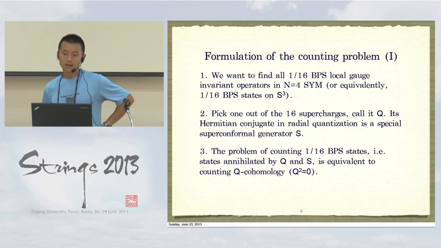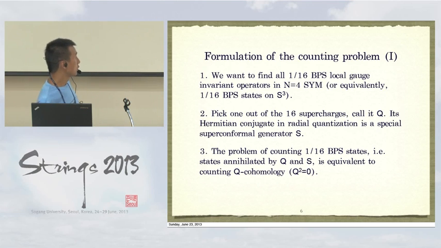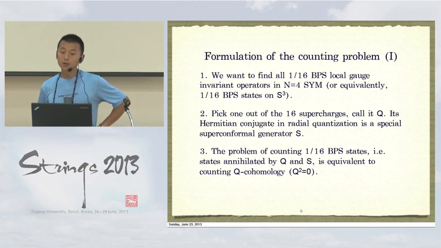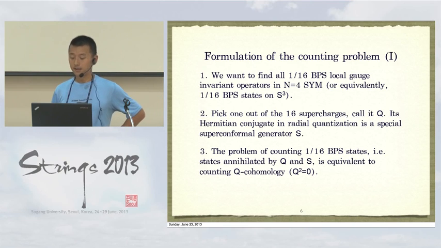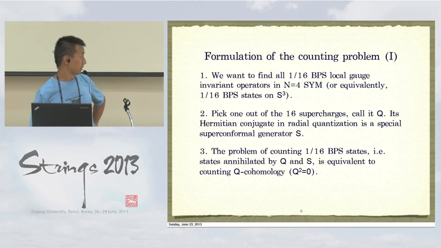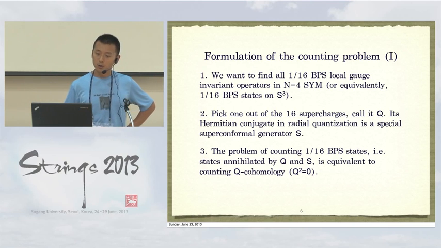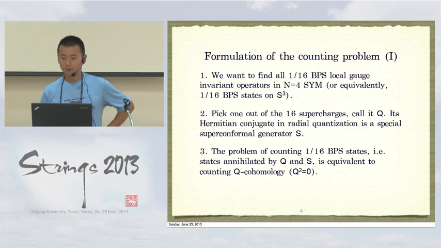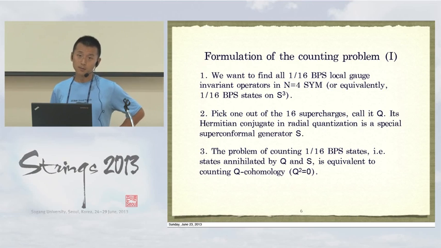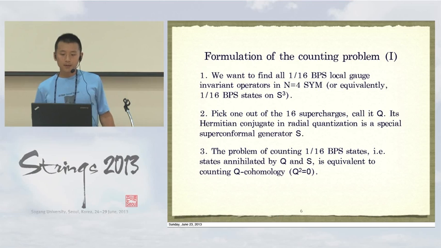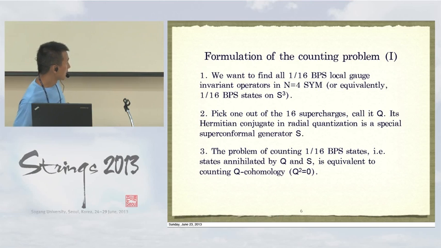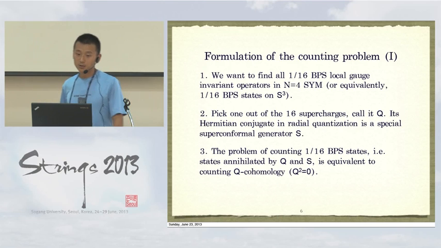I'll choose this Q to carry some definite charge with respect to Cartan generators of, say, the SO(6) R-symmetry, and some particular spin with respect to one of the left or right SU(2) angular momenta of the rotation in 4 dimensions. In radial quantization, the Hermitian conjugate to Q is a special superconformal generator, which I'll denote by S.